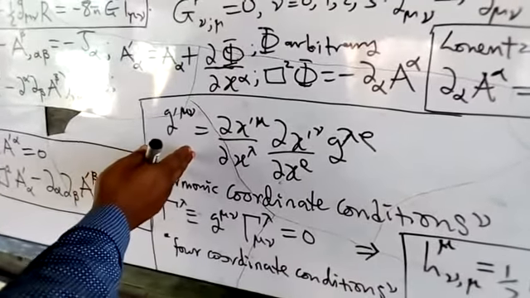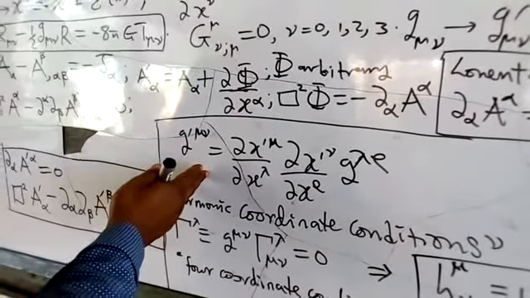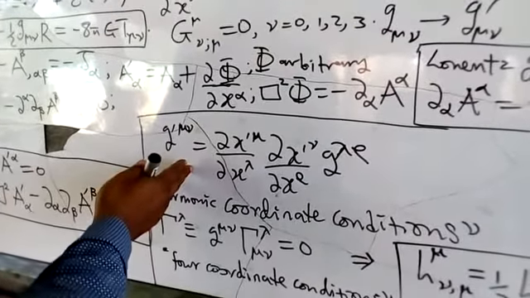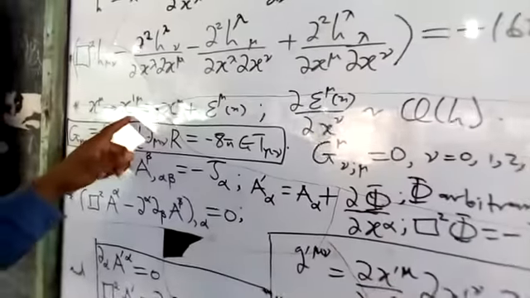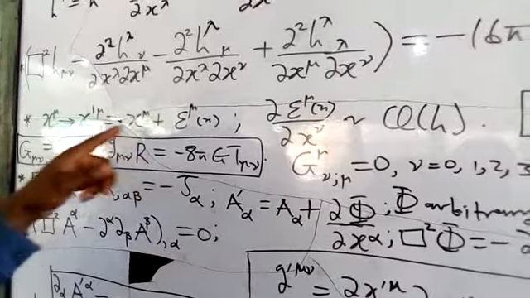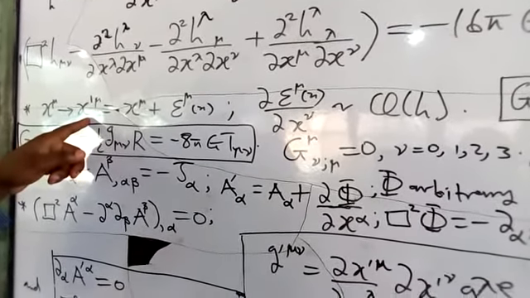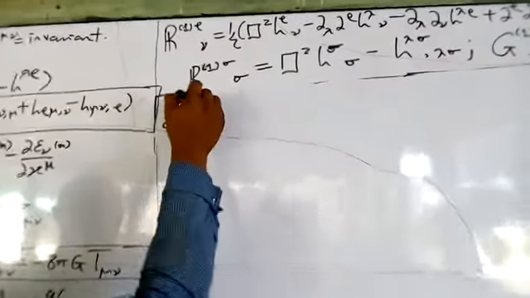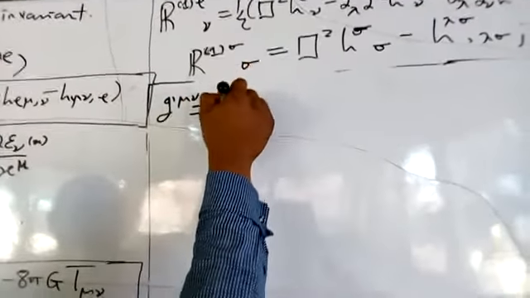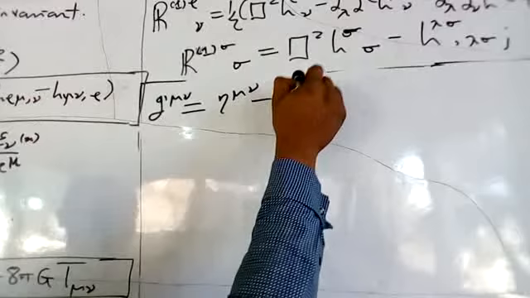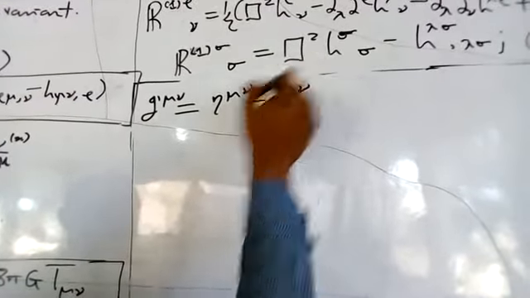We are considering the fact that if there's any such transformation that changes x to x prime, which contains this expression in this very weak field, we will also be able to obtain a new G. So linearizing all this now, we know that G prime mu nu, just as we showed yesterday, might as well be written as this minus H mu nu.